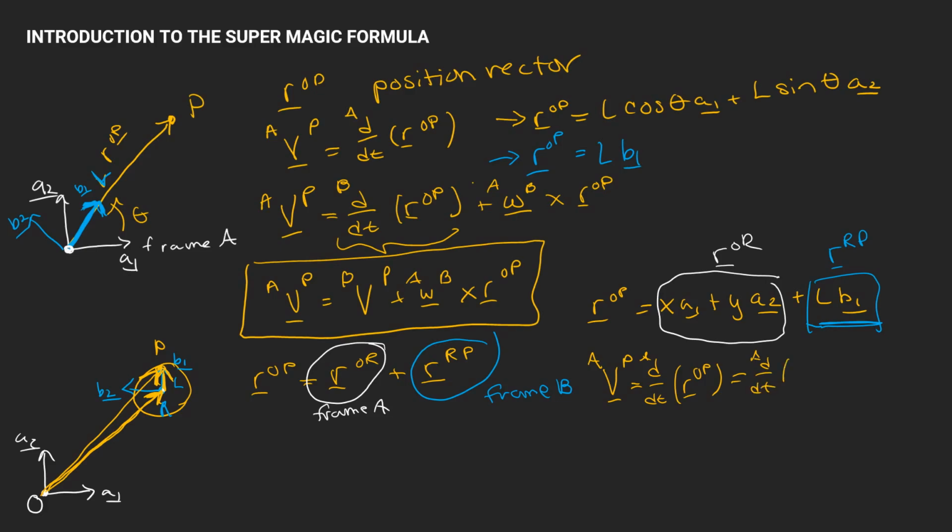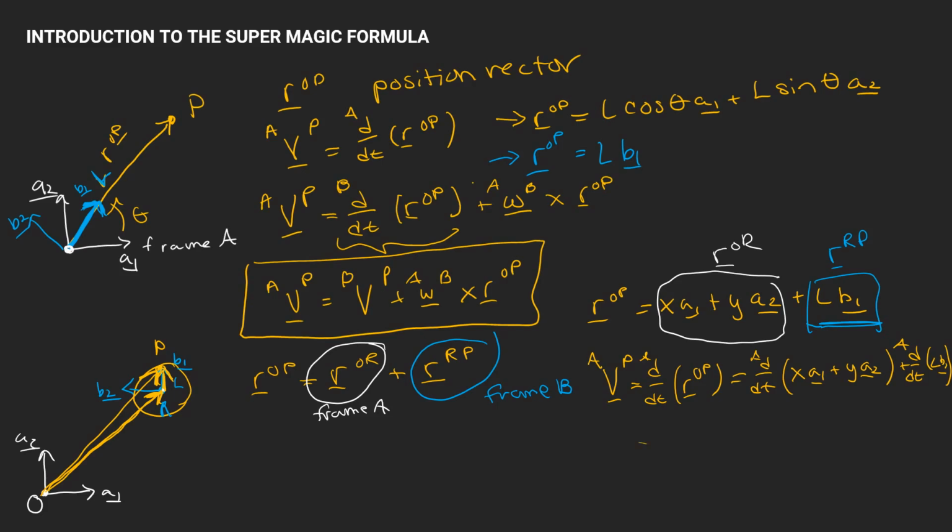So we took the derivative of all of the terms expressed in A1 and A2 unit vectors, put that in one, and then we took the time derivative in frame A of the terms expressed with frame B unit vectors as such.